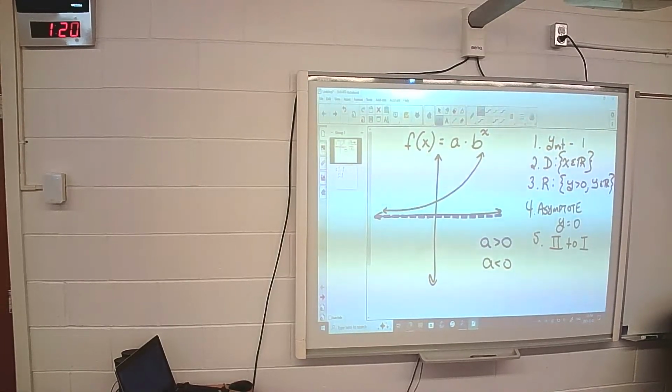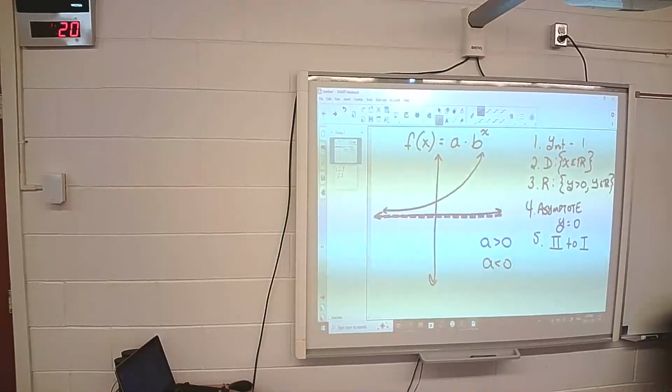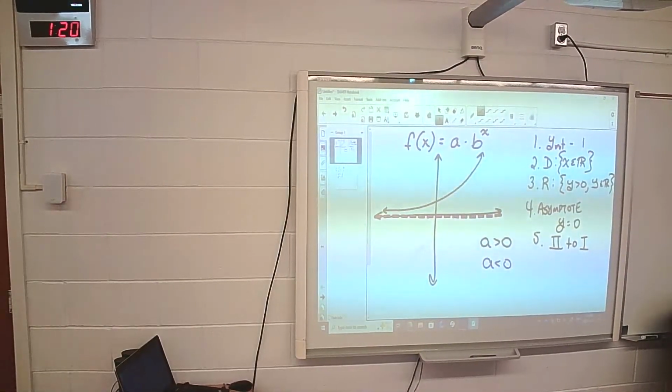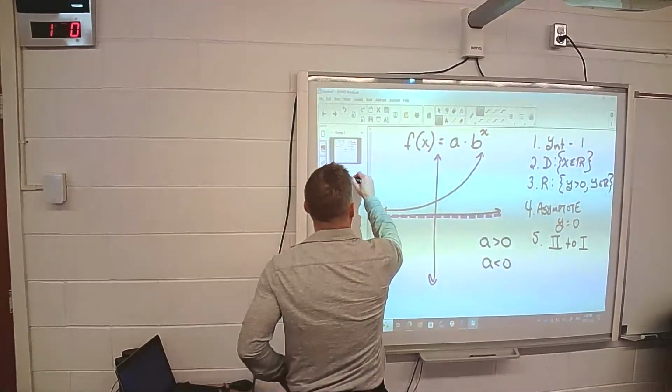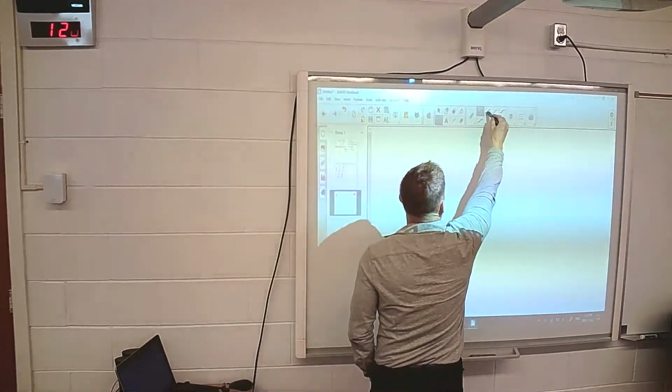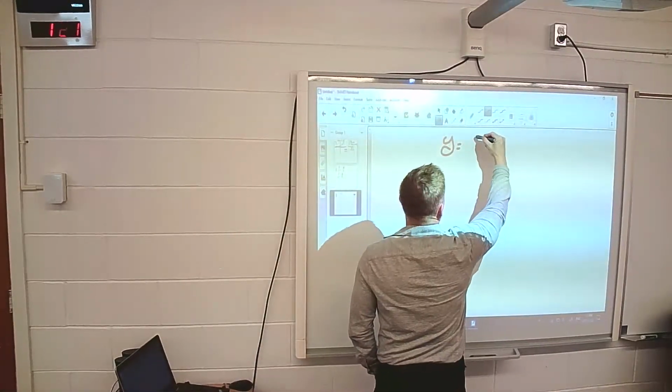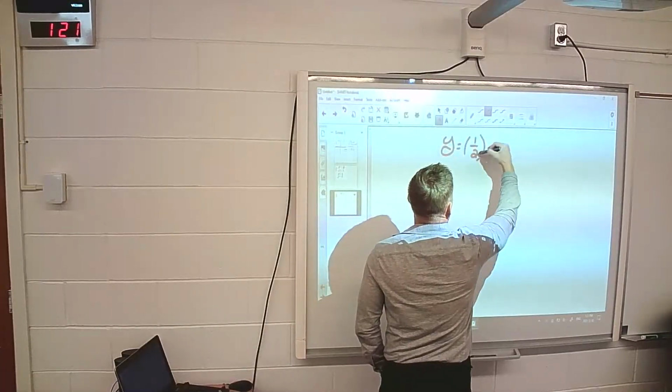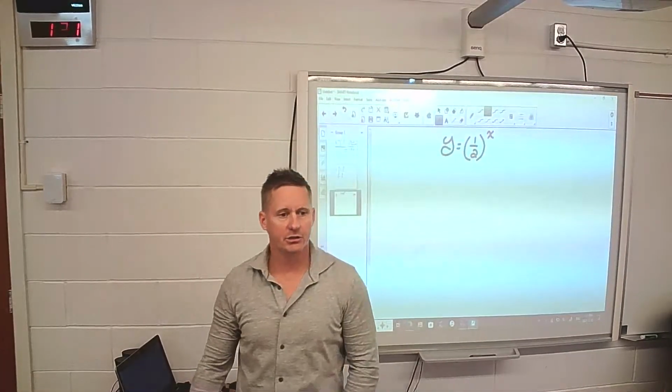What happens though if that base value is a fraction? What happens if that base value is a half? How does that change the graph? If my base value, y equals 1/2 to the x, how does that change that graph?